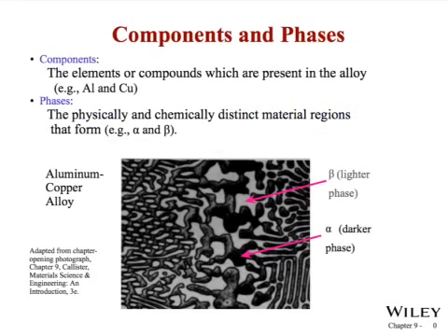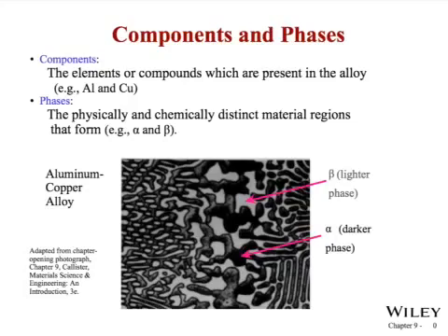Also, it's important to distinguish the difference between components and phases. The components are the elements or compounds which are present in the alloy, and the phases are the physical and chemically distinct material regions that form, such as in this diagram, we have the lighter regions, which are the beta, the lighter phase, and the alpha, which is the darker phase here.